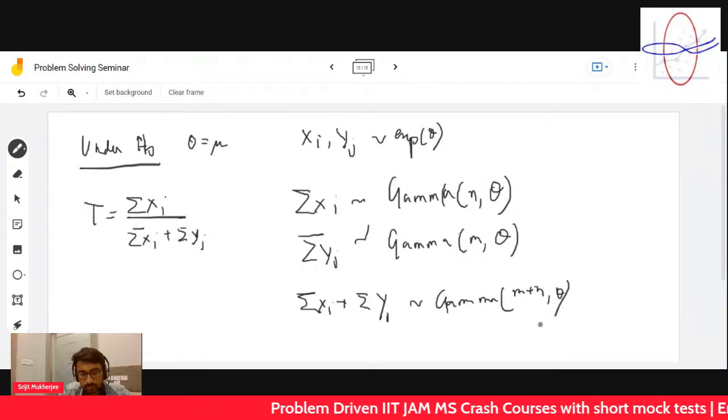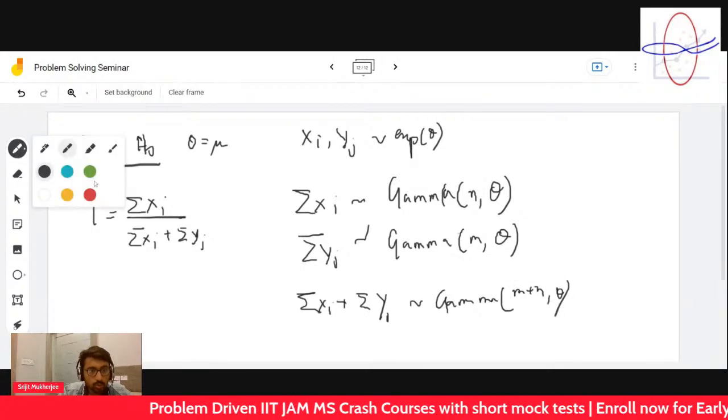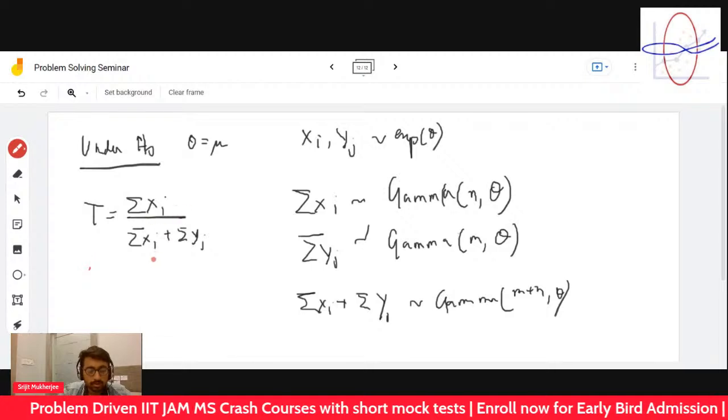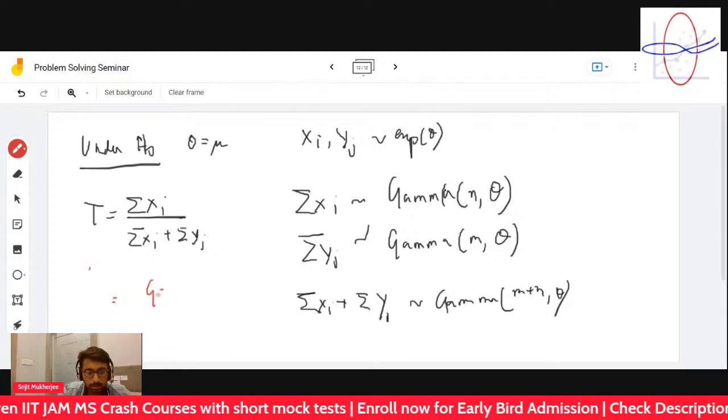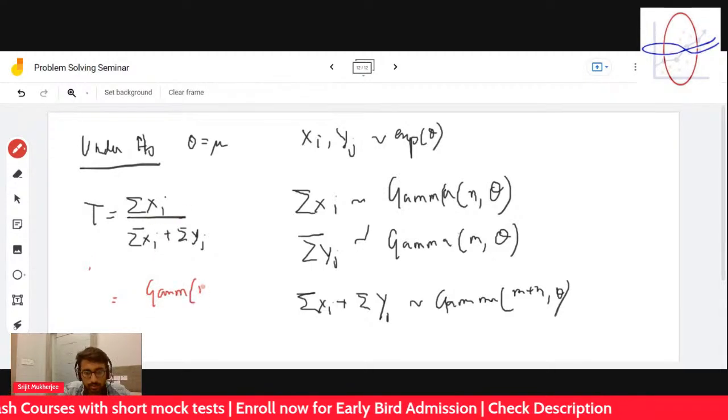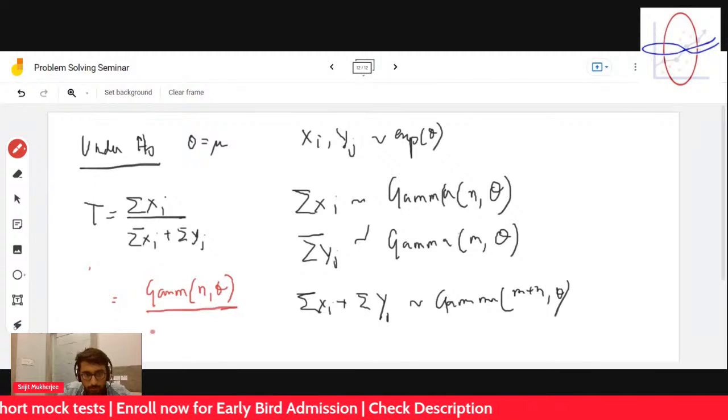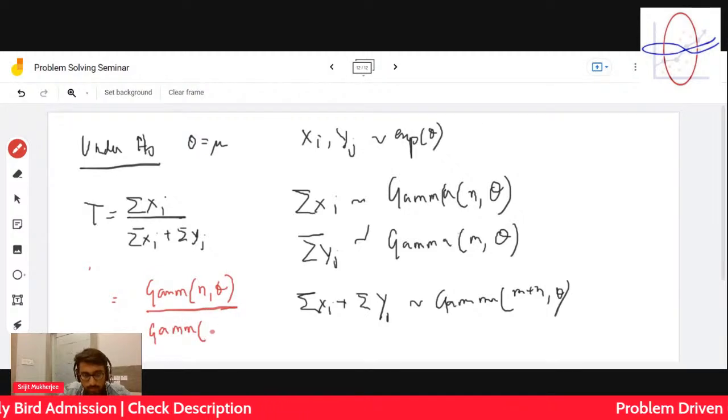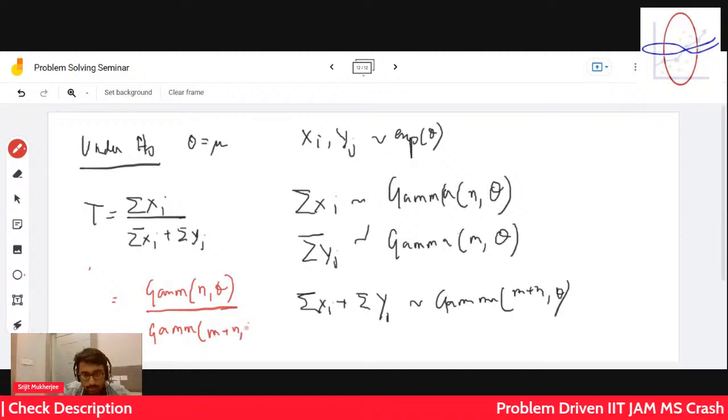So t is gamma n comma theta by gamma m plus n comma theta.